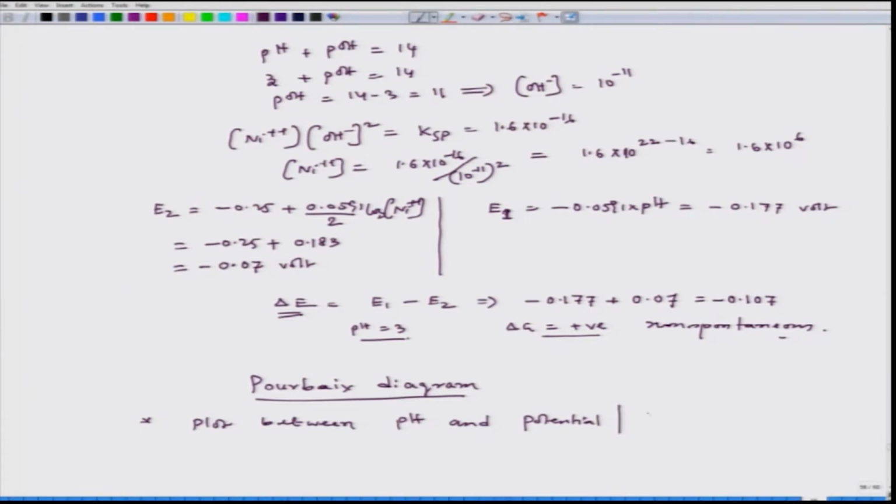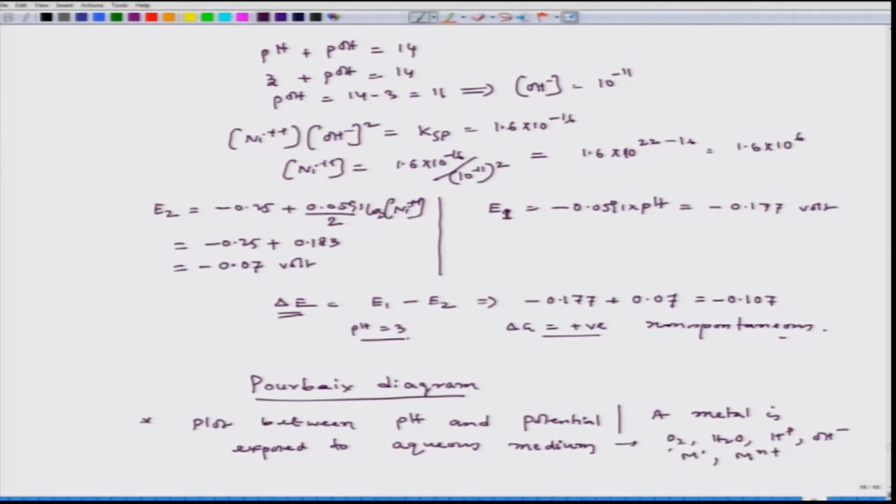When a metal is exposed to aqueous medium, we take the following species: oxygen, H2O, H plus ion, OH minus ion, and of course, metal and metal ion, or rather if we do not know the oxidation number, we can consider M n plus ion.